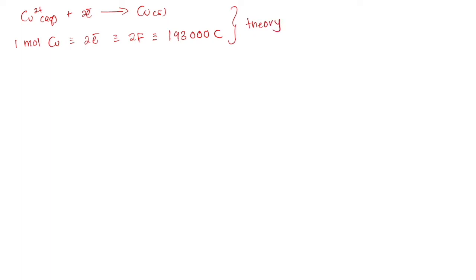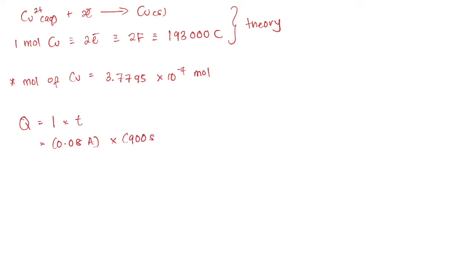Now, as we calculated before, mole of copper that we get is 3.7795 × 10^-4 mole. And then our Q is equivalent to I times T. My ammeter reading just now is 0.08 ampere times 900 second.